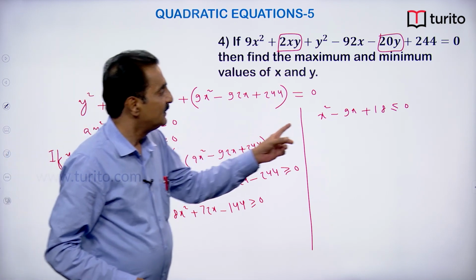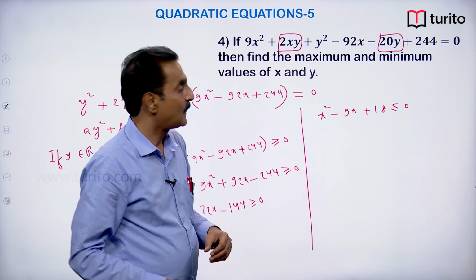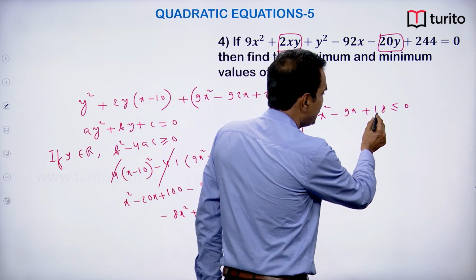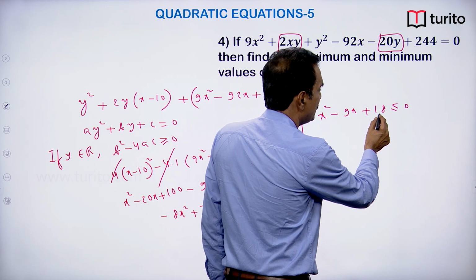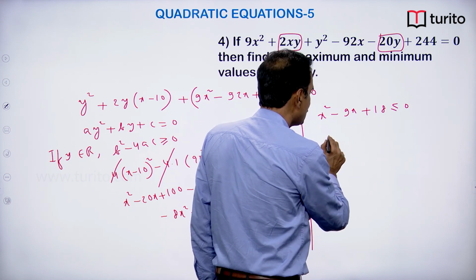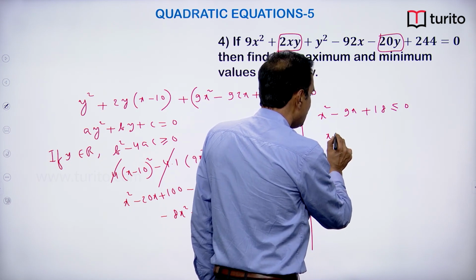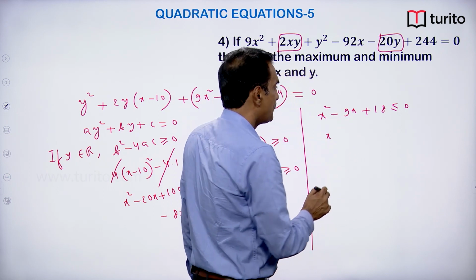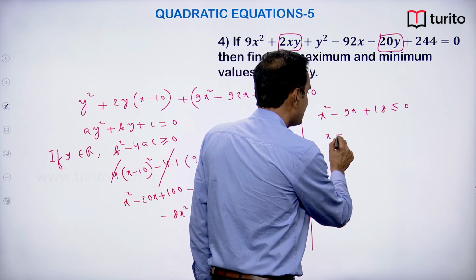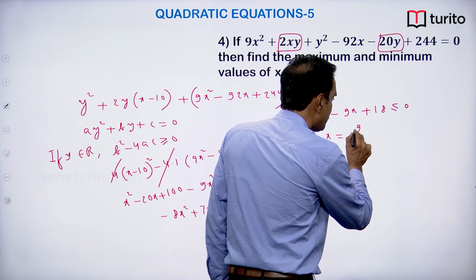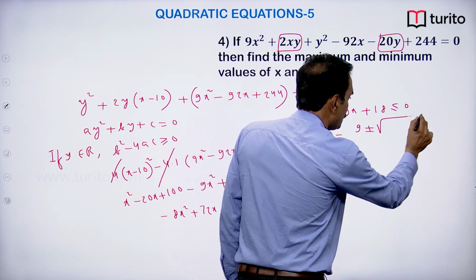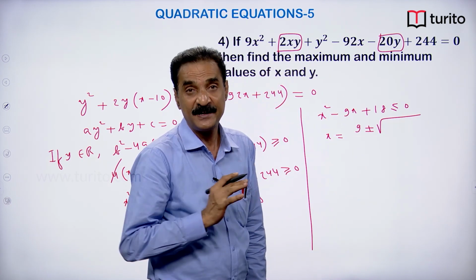Now, how to find the solution of x? Factors are here. You can also solve like this. X square minus 9x plus 18, x is equal to 9 plus or minus root over roots. I am finding the roots.